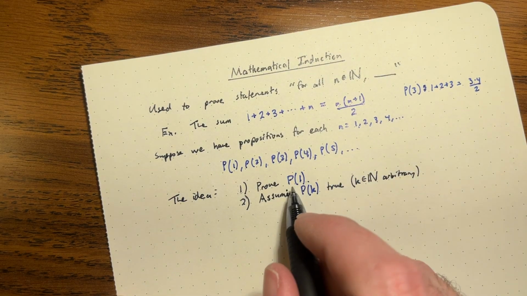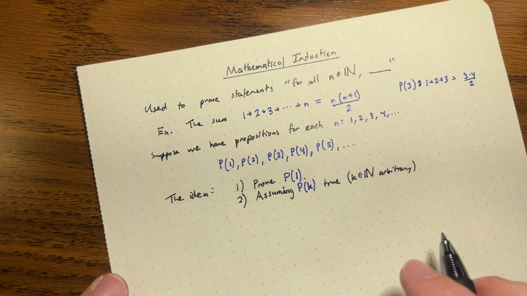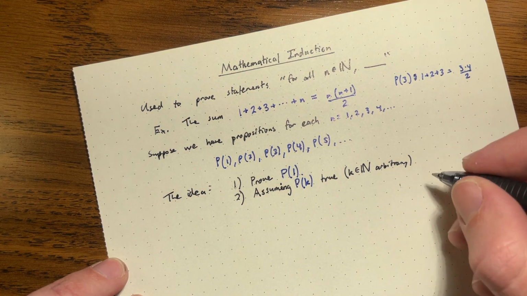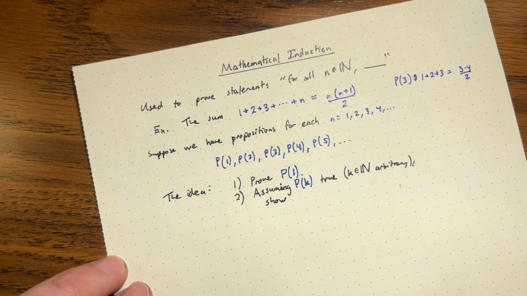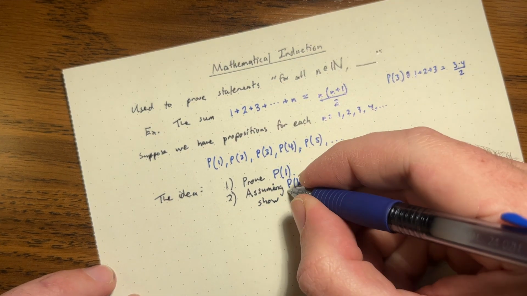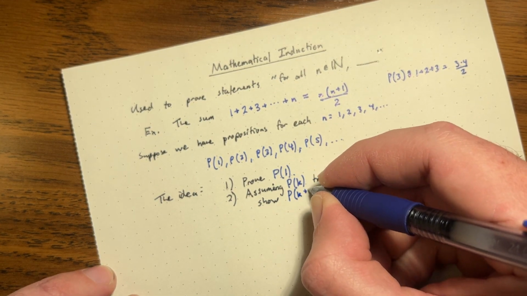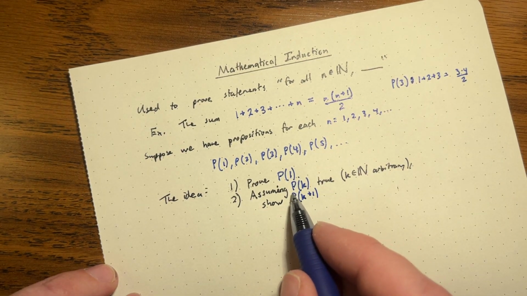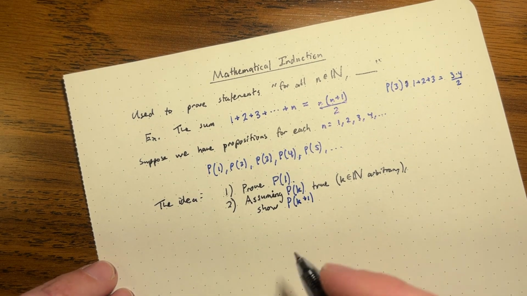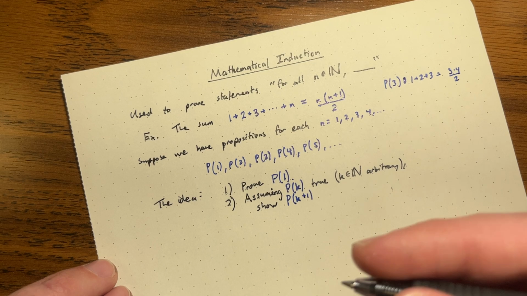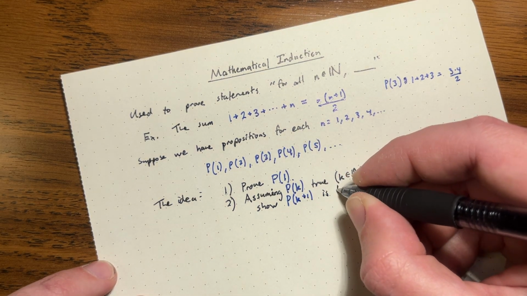This has to be greater than or equal to the first one you picked. Assuming that's true, show that the next statement in line is true. I haven't proved that Pk is true. I'm just assuming that's true, and if I do assume that, I need to actually prove that the next one is true.